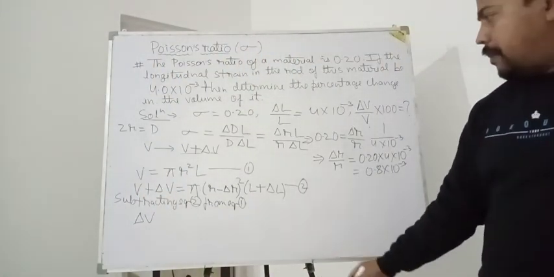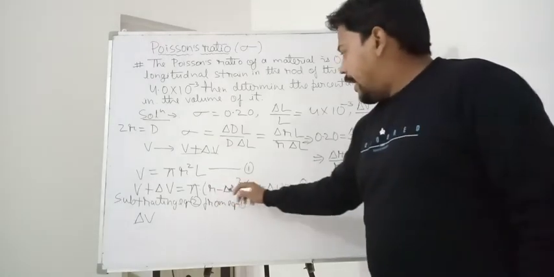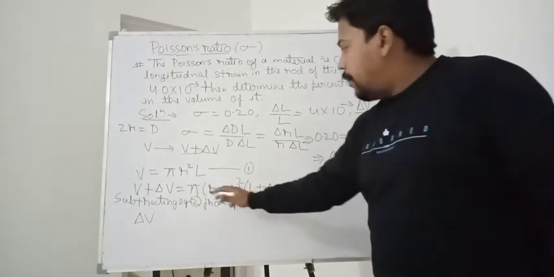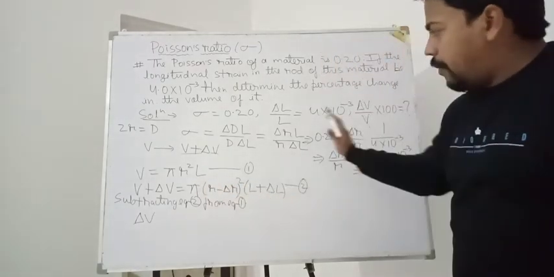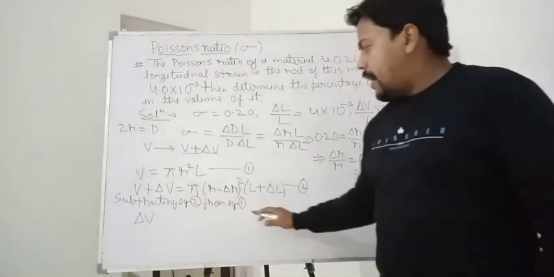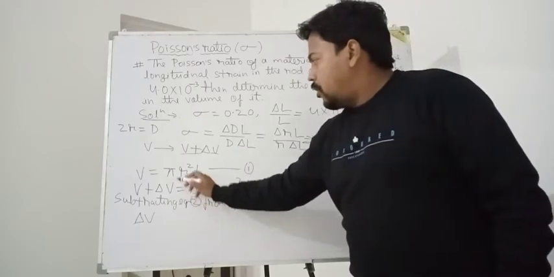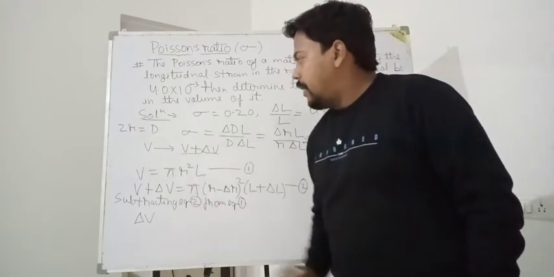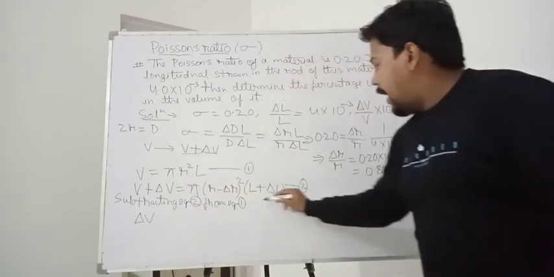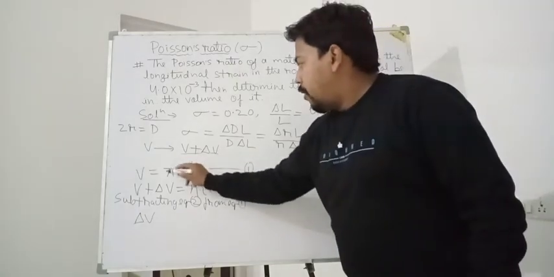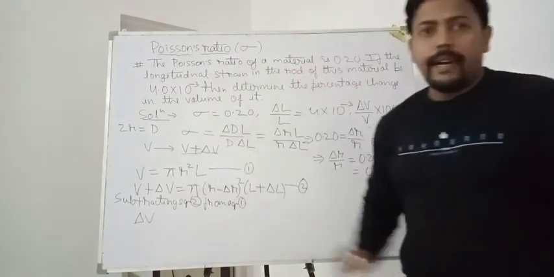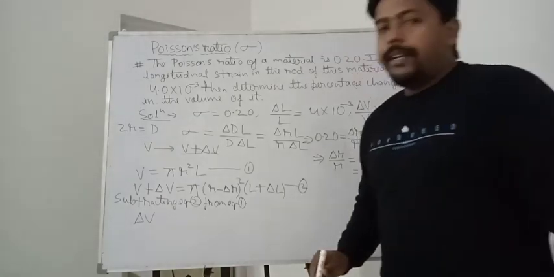After subtracting, you can open it algebraically also. I do not have that much space, so I am doing it directly. I am writing the direct value of delta V, because we have to subtract. The LHS gets subtracted from this LHS, and this entire quantity on the right hand side gets subtracted. So what value will you get?